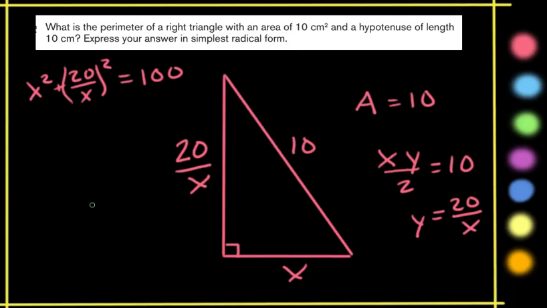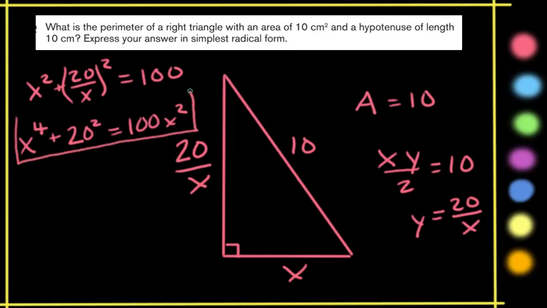I think one thing that could be useful would be to multiply this whole equation by x squared. That'll give me x to the 4th plus, and the reason I did that was to get rid of this x squared down on the bottom here, plus 20 squared is equal to 100x squared. So this is actually a quadratic. I mean, it's a 4th order polynomial, right?